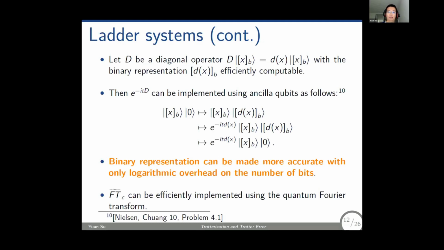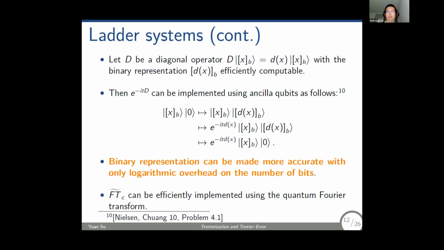So this is how you can implement the X tilde, the position operator. And for the momentum operator, you can do something similar after applying the quantum Fourier transform to do the basis change. Okay, so I think that's basically what I want to talk about for the implementation of Trotterization, elementary steps.